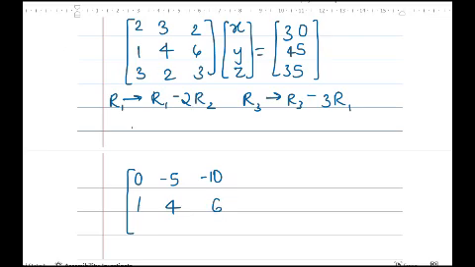Now in the third row, 3 minus 3 is going to be 0. Alright, and over here 2 minus 3 into 4, which is 2 minus 12, that is a minus 10. And 3 minus 3 into 6 is 3 minus 18, which becomes a minus 15.